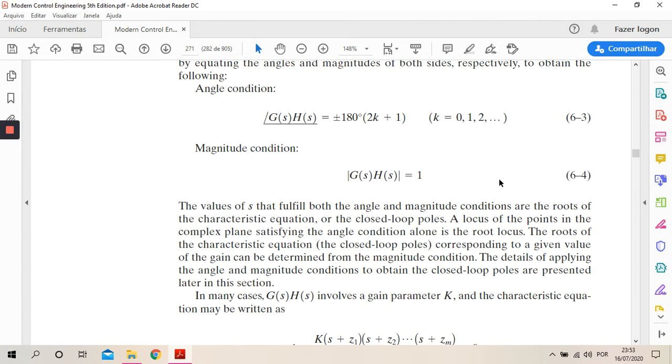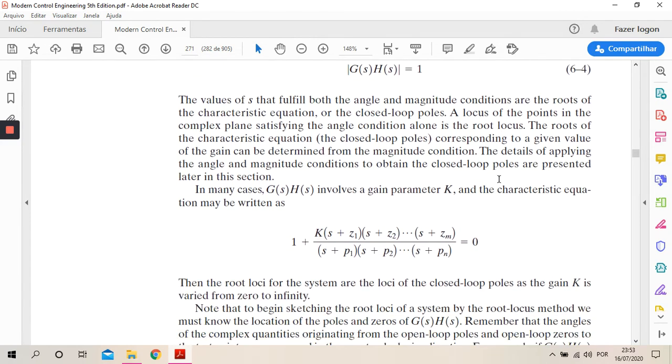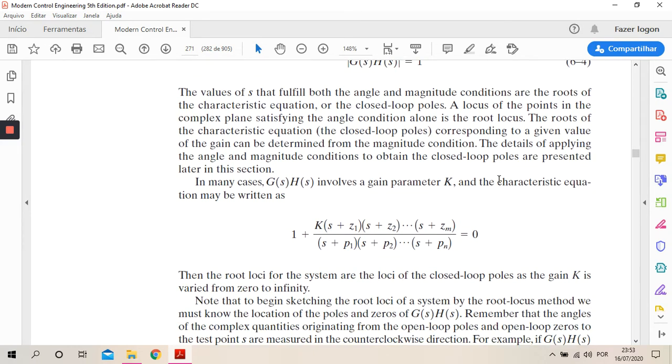So these are the angle condition and the magnitude condition. Now let's see how we can use this.